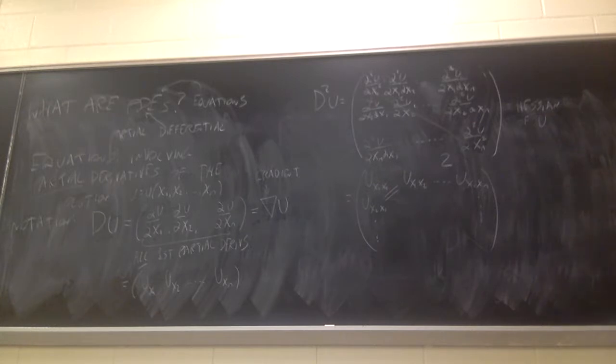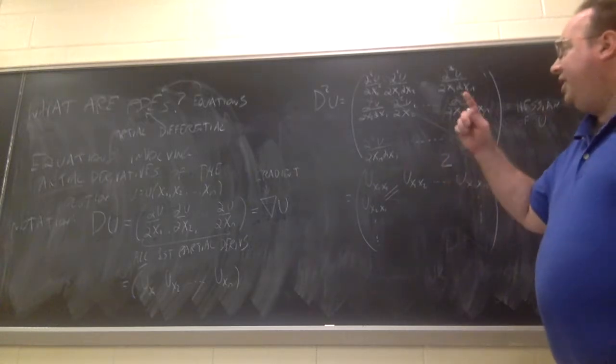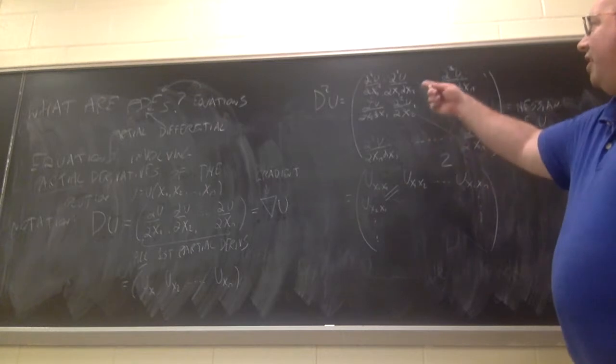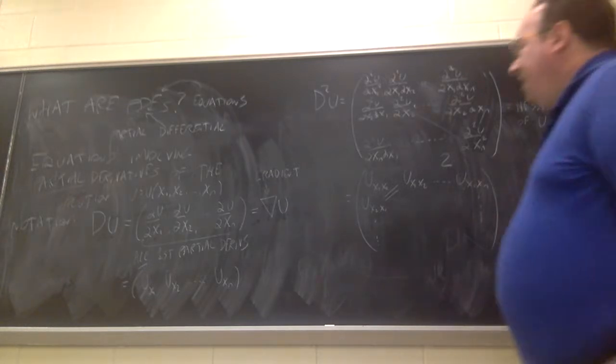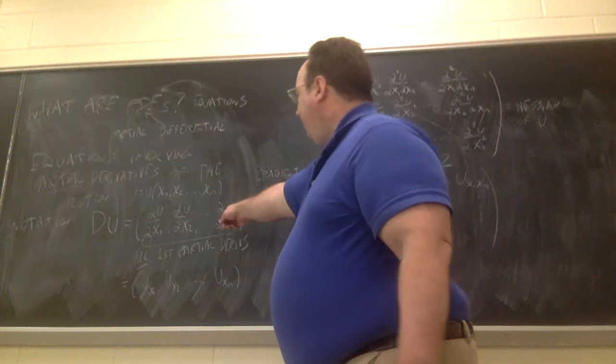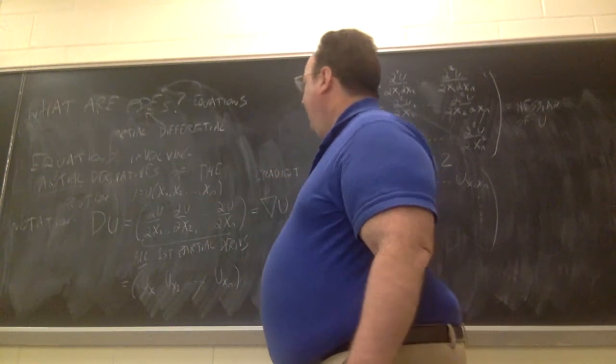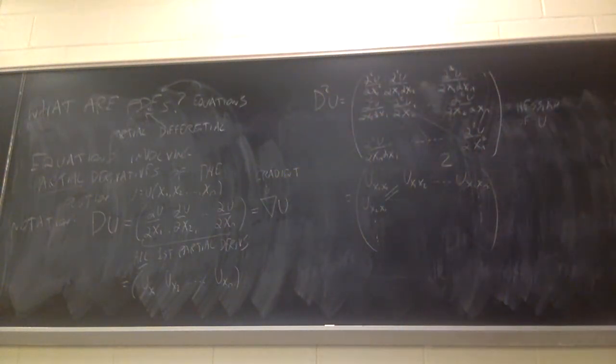All right. Now, I could keep going, have higher order derivatives of u, like the collection of all third partial derivatives, and so on. I'm not going to write that, but if a first derivative is a vector, and a second derivative is a matrix, what sort of entity would it be if I went to the third derivative?